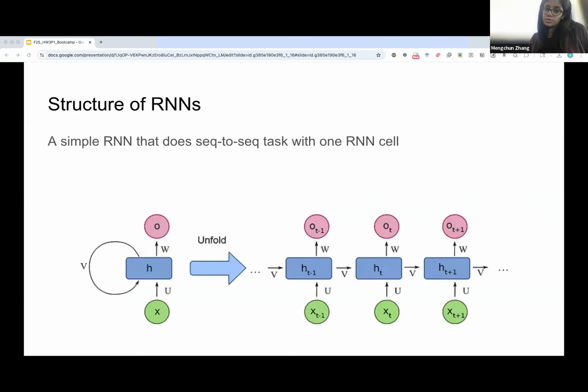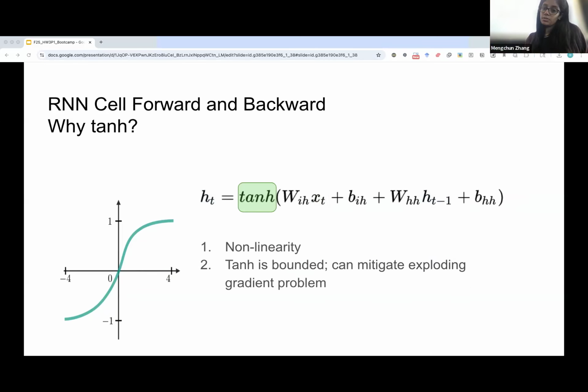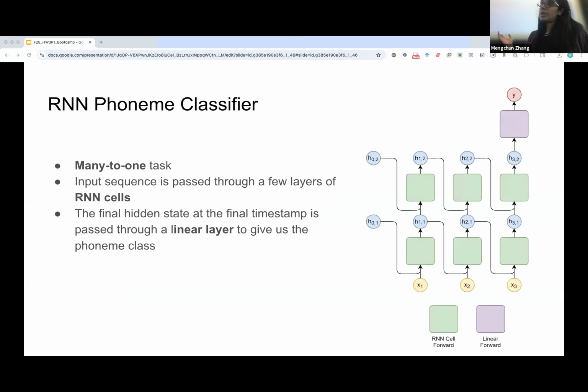Okay, so this was just the basic RNN that you will implement forward and backward. Then you'll use the RNN to build an RNN phoneme classifier. If this rings some bells, you did a phoneme classification task in homework 1 as well. But this time, in homework 3 part 2, the inputs would be dependent on each other, connected to each other.